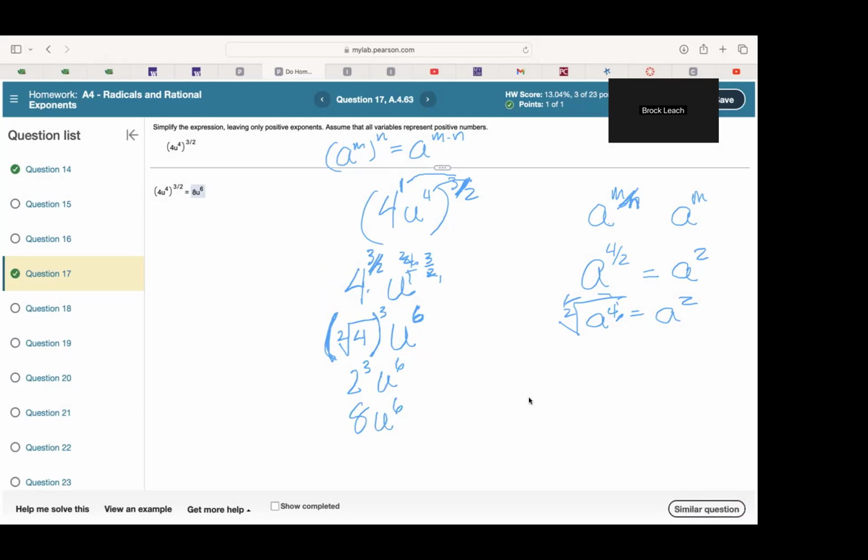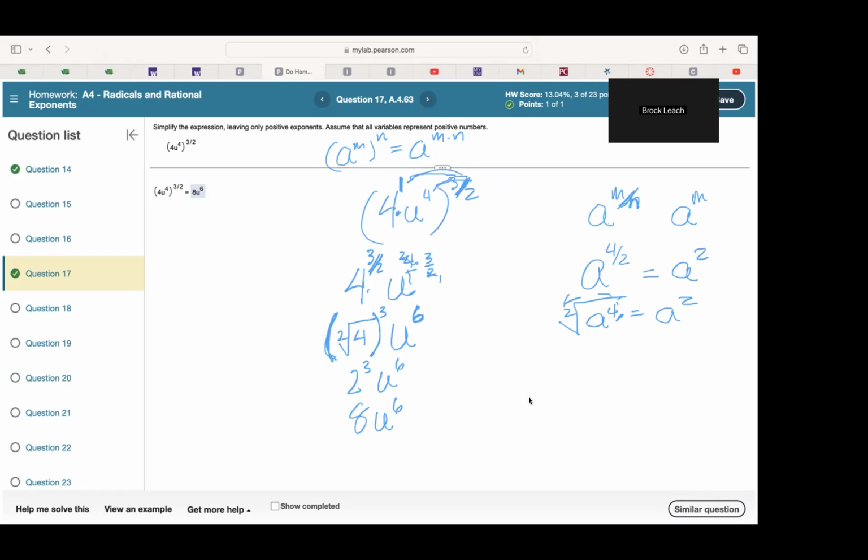So 3 different rules that we're applying there. We're applying the fractional power rule, doing a product to a power rule. So we're doing two things in a parenthesis that are both being raised to the power. So we multiply those exponents. Remember that 4 does have a power there. It's just not written.